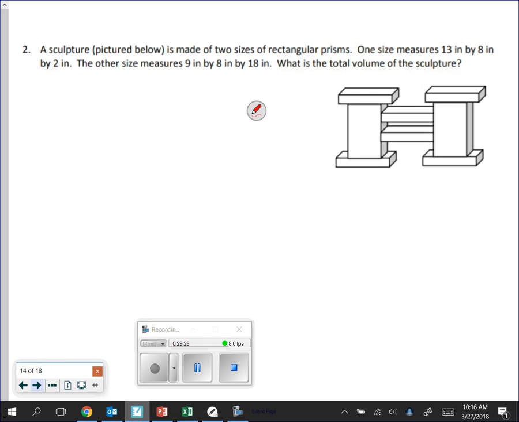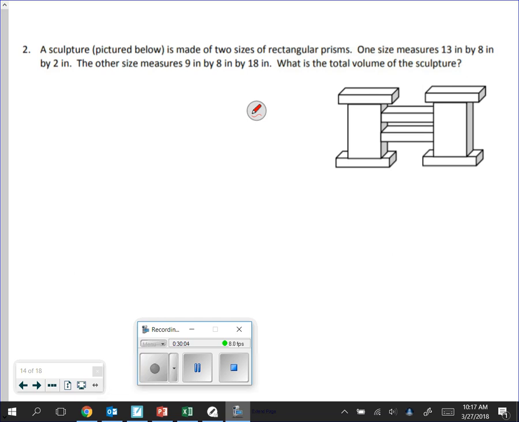So we have 13 by 8 by 2, 9 by 8 by 18. I think the main thing you might be wondering is, which one is which?